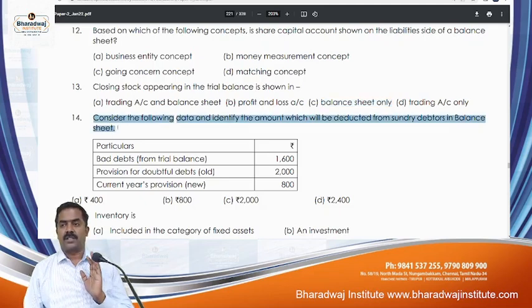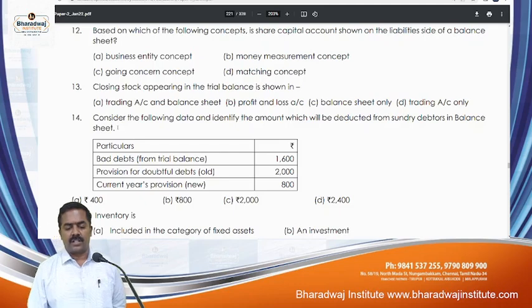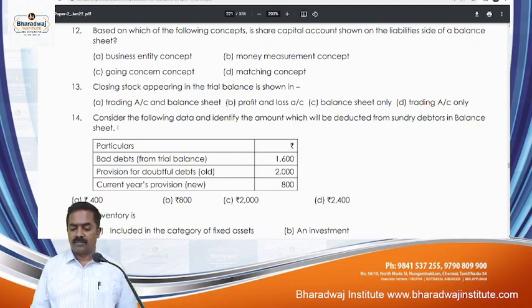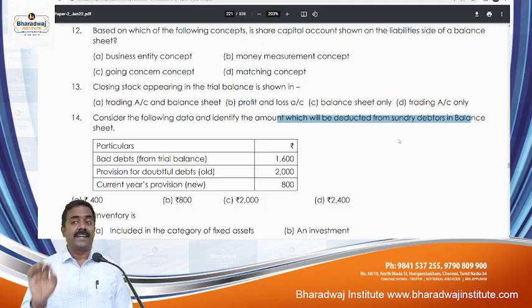14th question, most important. Please read the question and solve. Consider the following data and identify the amount which will be deducted from which one? What do they ask you to identify? No, not sundry debtors. Please read the question. Which amount will be deducted? They are not asking you to work out sundry debtors balance. They ask you which amount will be deducted from sundry debtors balance.